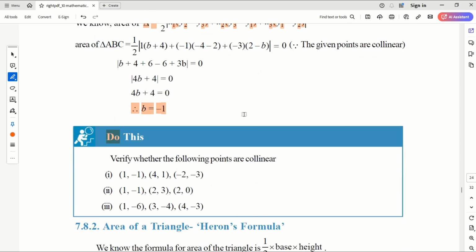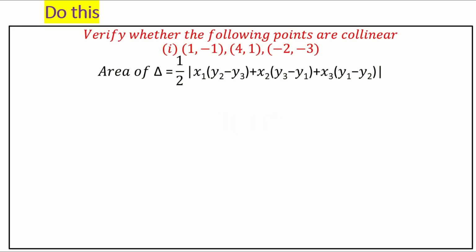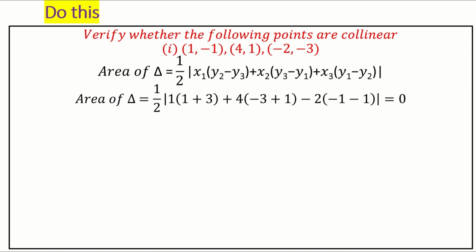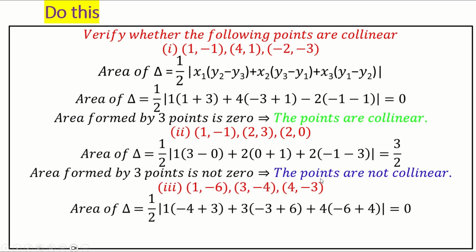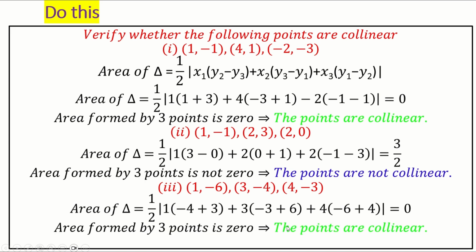Now let's do this section. Verify whether the following points are collinear or not. We will find the area of the triangle of all the 3 points given. For the first one we got 0, so they are collinear. For the second question, we got the area of the triangle as 3 by 2, which means they are not collinear. And for the third, the 3 points give 0 as the area of the triangle, so they are collinear.